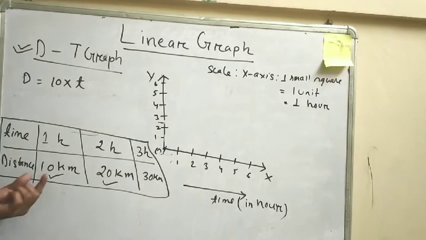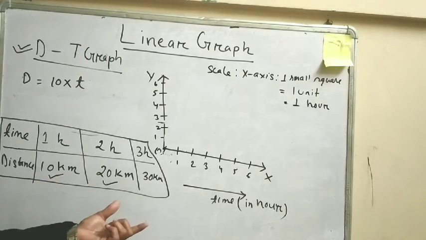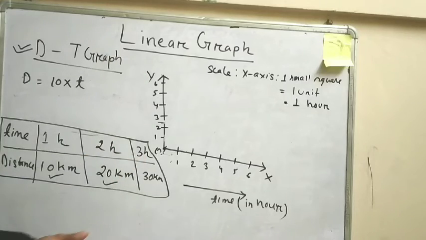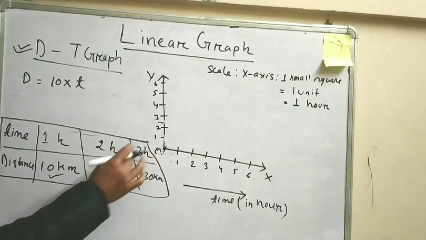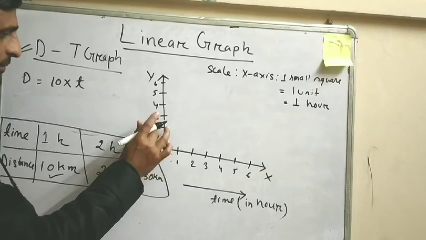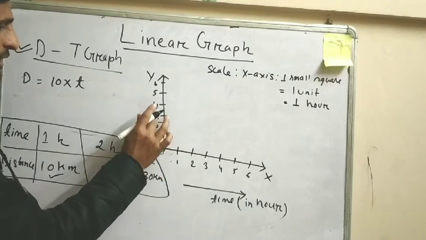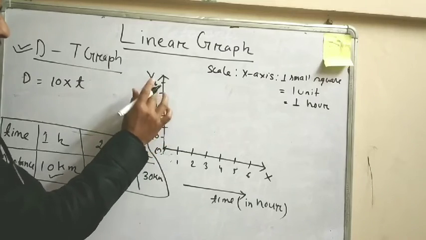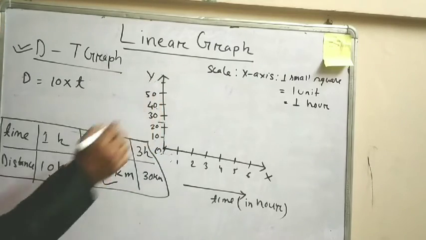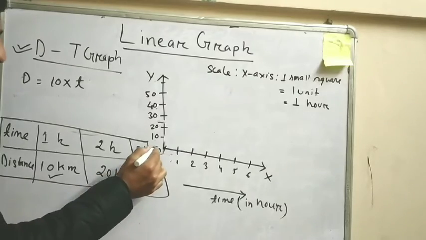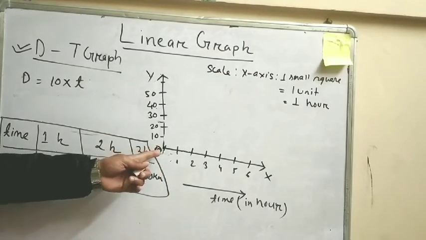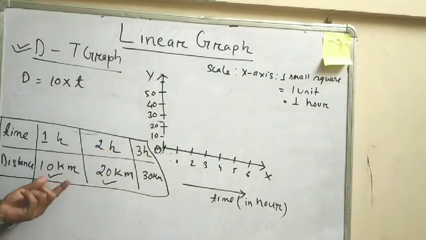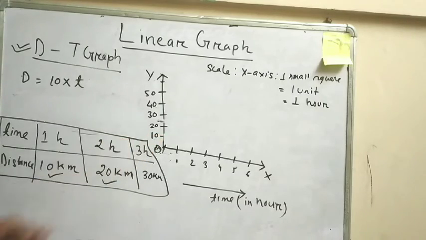Now we need to plot these 10, 20, 30 kilometers along the y-axis. So what will we take? We will mark this as 10, 20, 30, 40, and this is 50. Now students, see, we took 10 kilometers as 10 small squares.